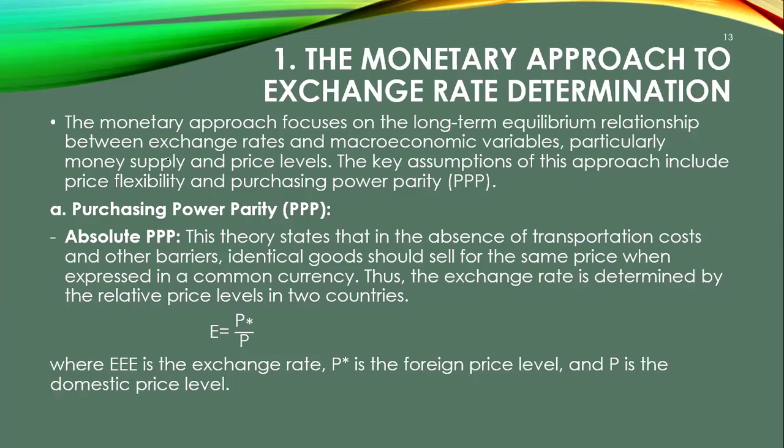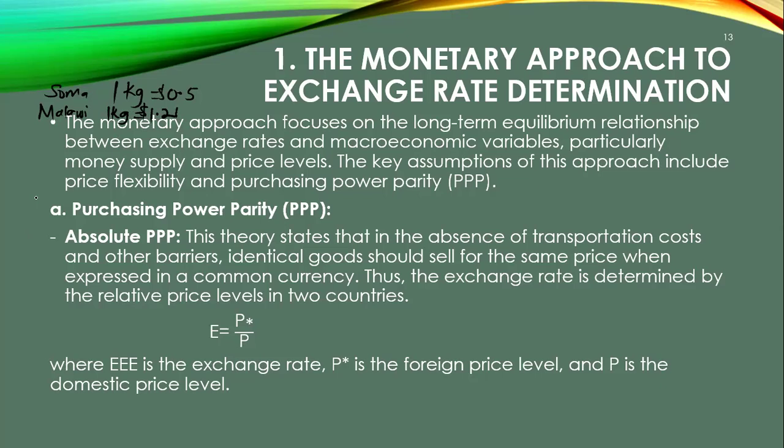A kilogram of sugar is around $1.2. This is Malawi. Yes, Malawi. Then 1 kg, we are saying, is approximately $1.2.